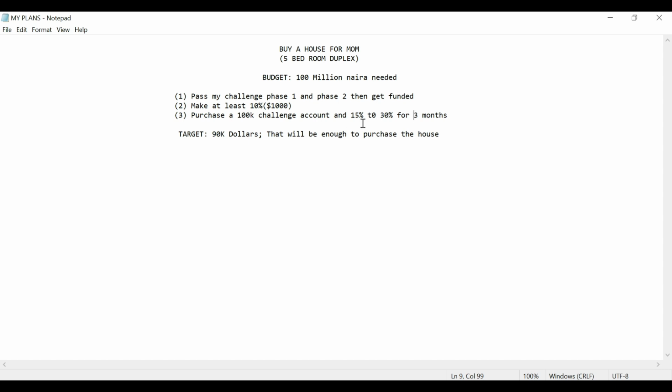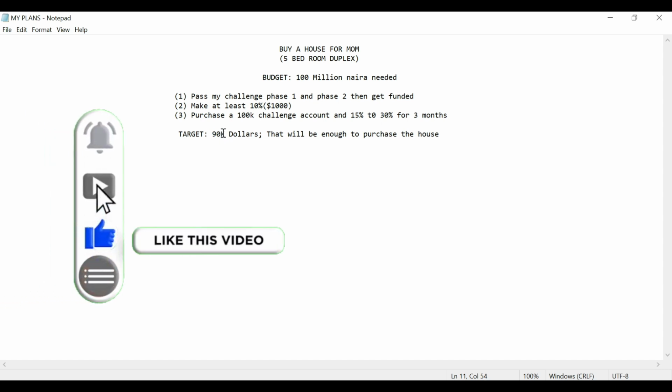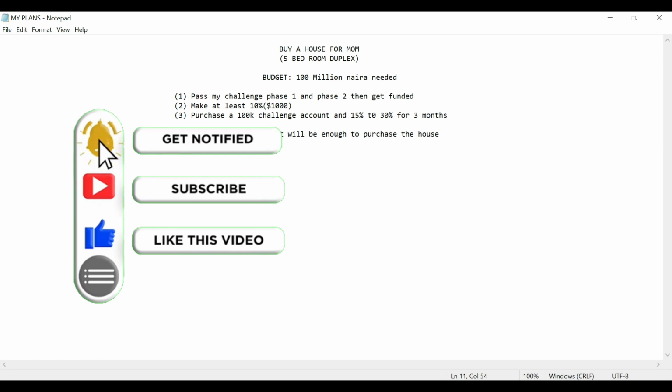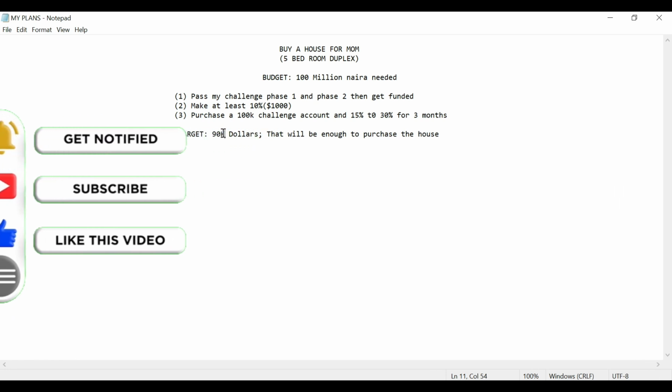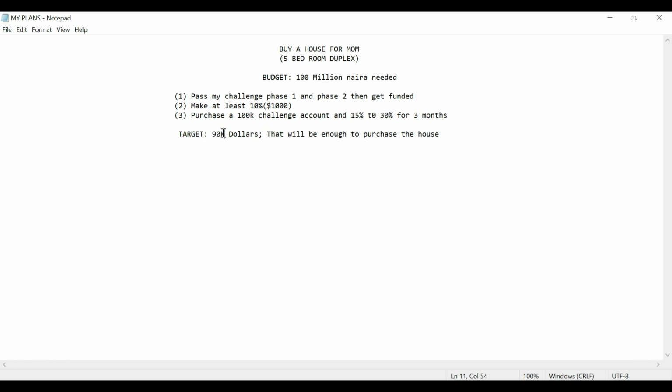But the main target is this: if I can make 30% every month, I will get to $90,000. With $90,000, I know it's going to be more than 100 million naira at this point because of the price of dollar to the naira. But $90,000 is the target.